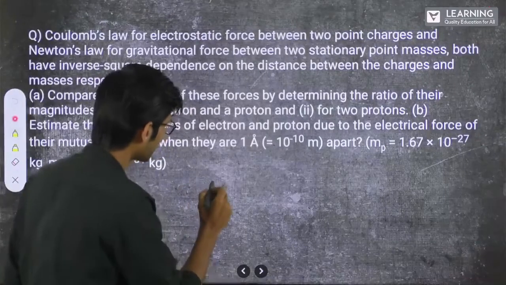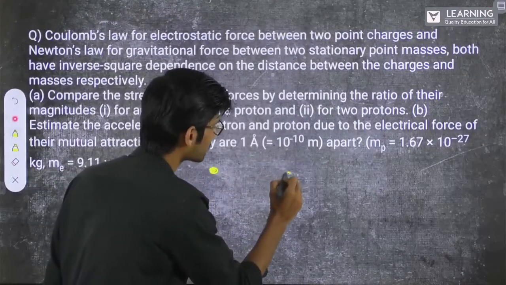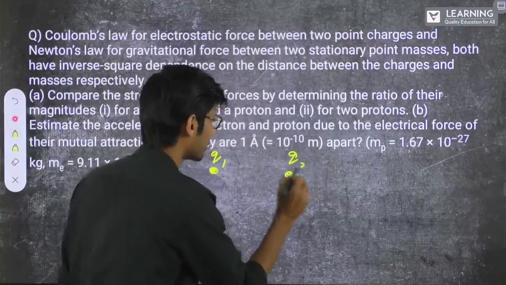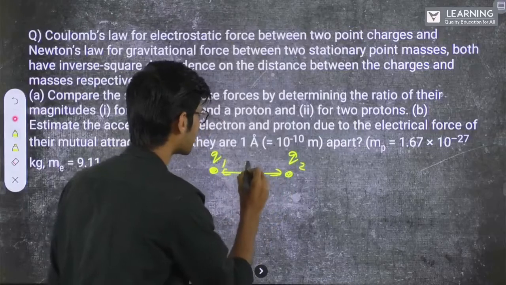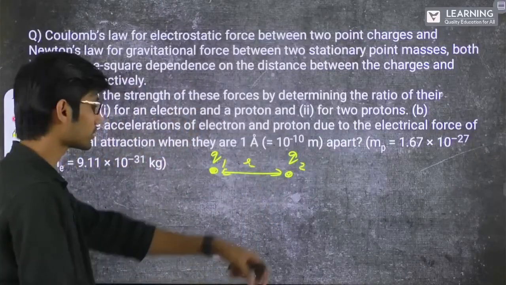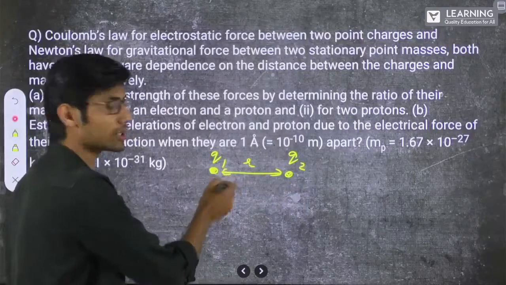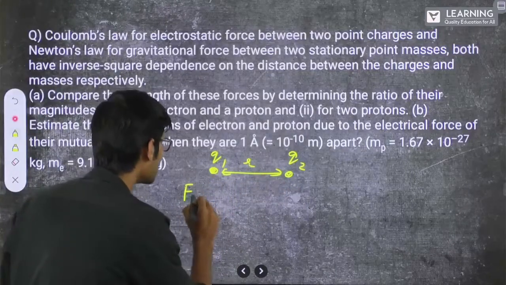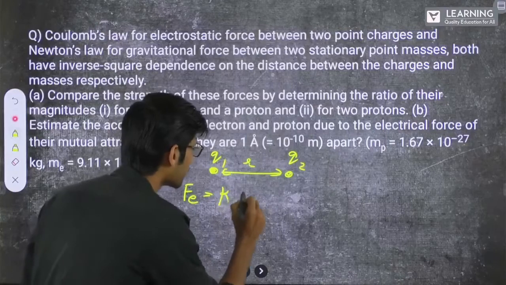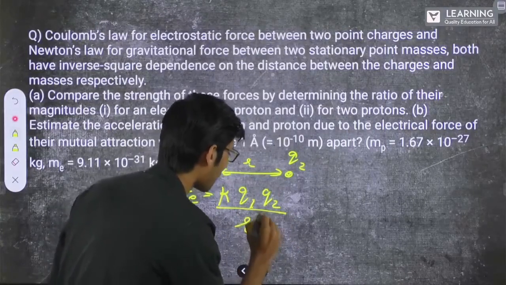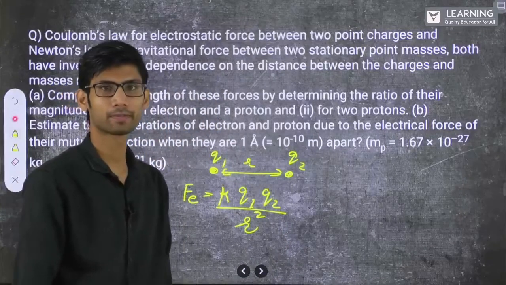if suppose there are two charges kept, Q1 and Q2, distance r between them, then the electrostatic force experienced by this charge due to this charge will be F equals K Q1 Q2 by r square, correct?